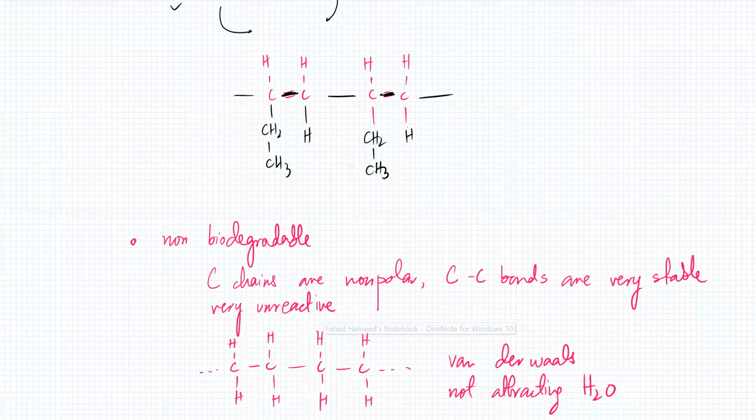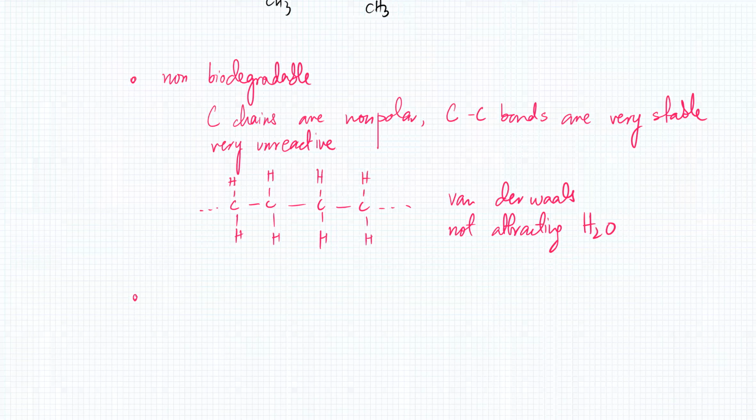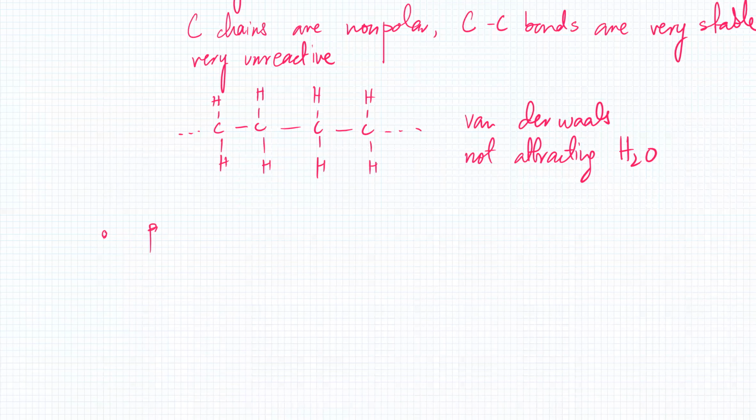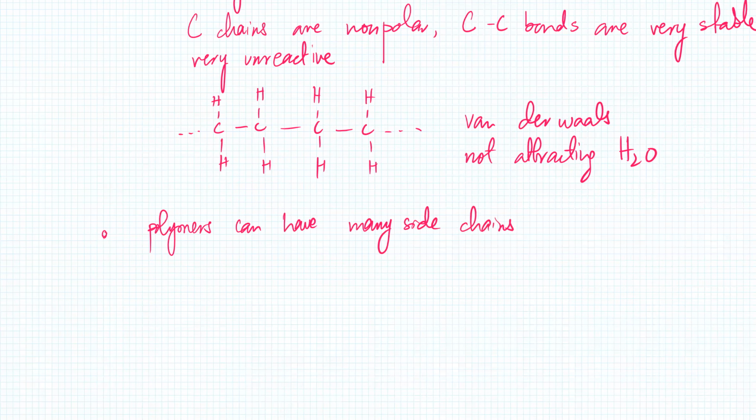If you look at the molecules that we did earlier, polymers can have lots of side chains. Now this is something that's very important. Polymers can have many side chains and branches and cross links as well. And these would change properties.